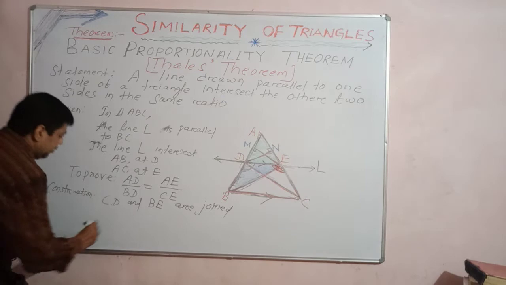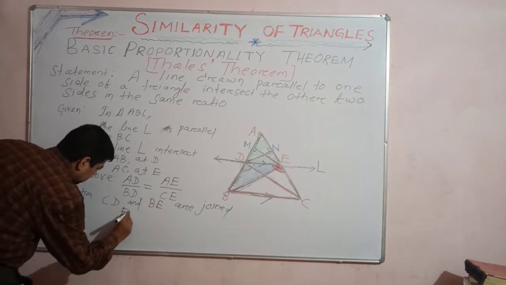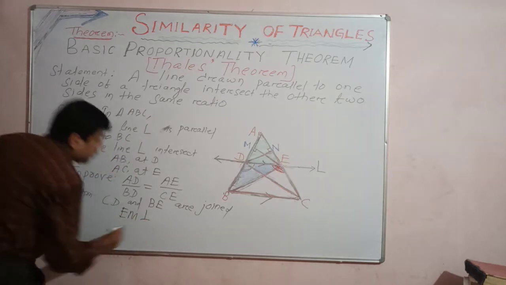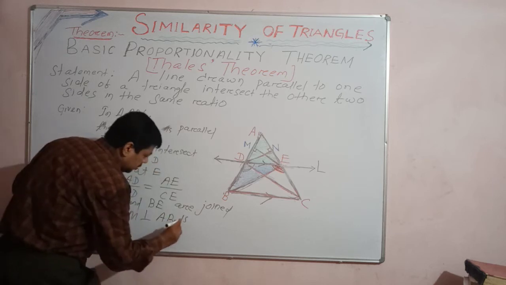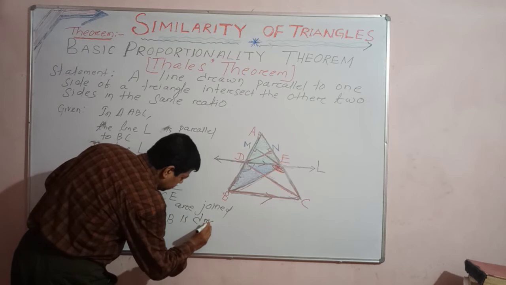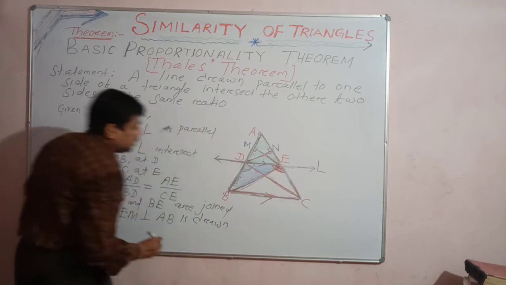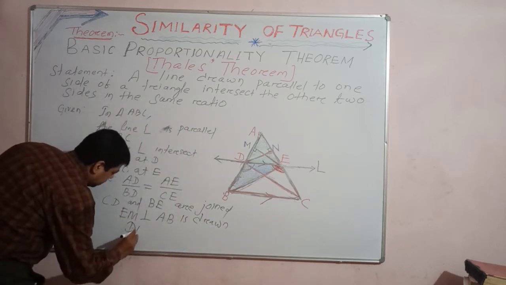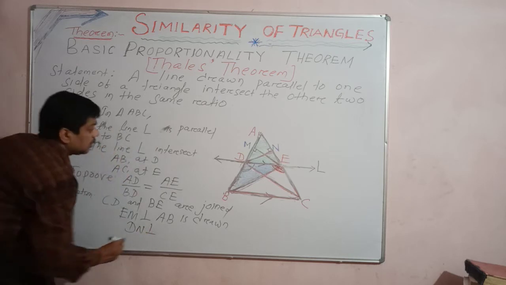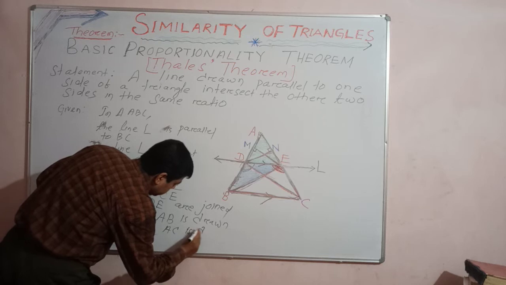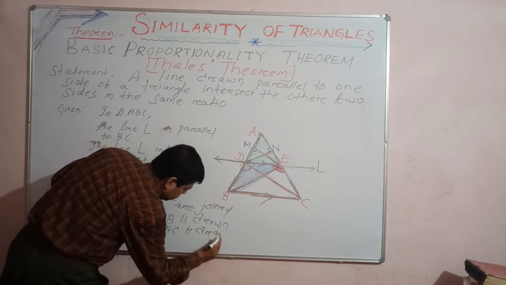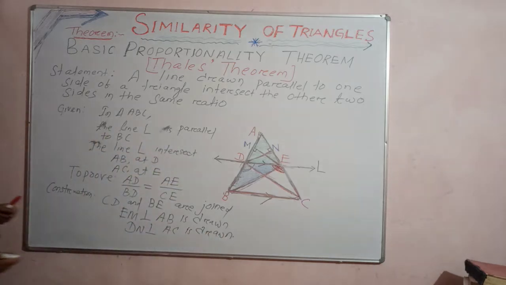Again, EM perpendicular to AB is drawn. It is the construction, and DN perpendicular to AC is drawn. This is the required construction for the theorem that we are going to prove.